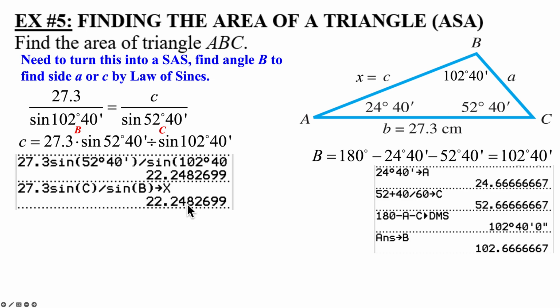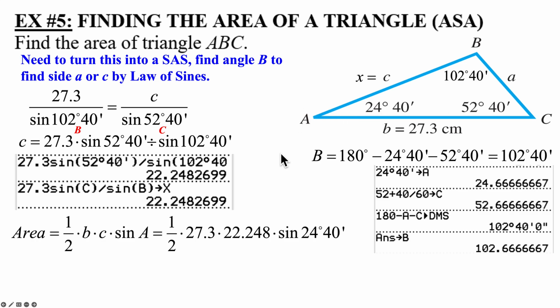Now again, I wanted to store this value because that value stored in X is going to be plugged into my area formula. So now area equals 1/2 base B times side C times the sine of angle A. So writing it all out, I opted to put out 3 decimal places.